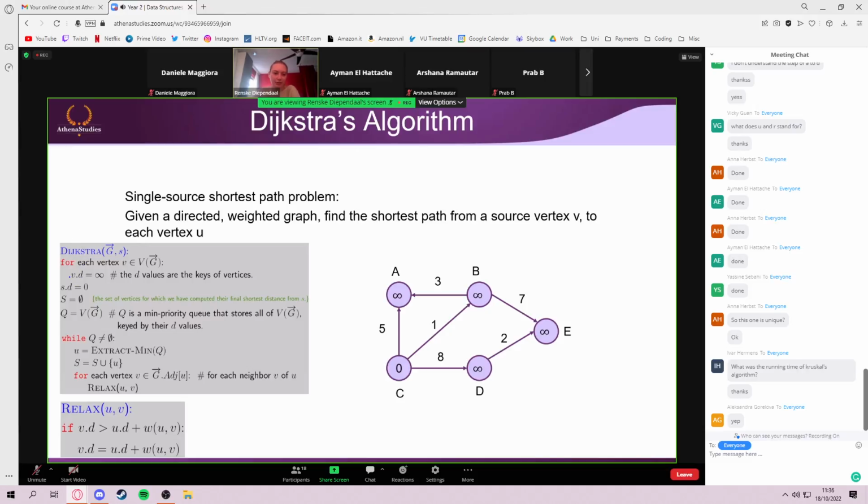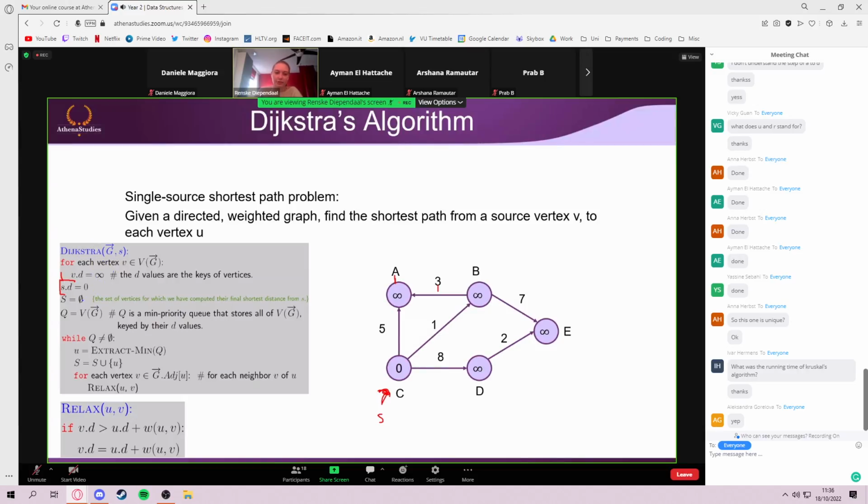Okay, so let's see. For each vertex, we start by setting the vertex weight equal to infinity. So for each vertex that we have, these are the vertex names and these are the weights. We set it to infinity, except for the starting node, which will have a weight of 0. So we start with C in this case. And then we have this empty list.